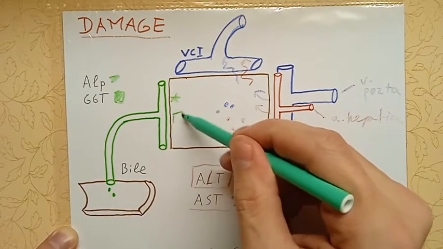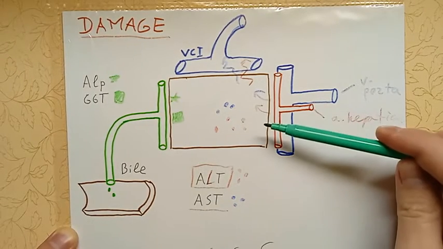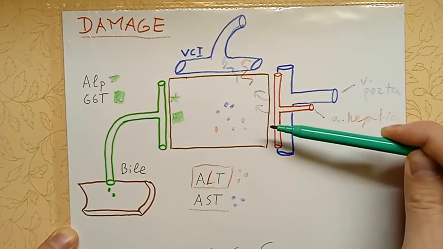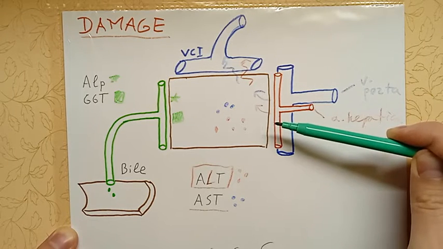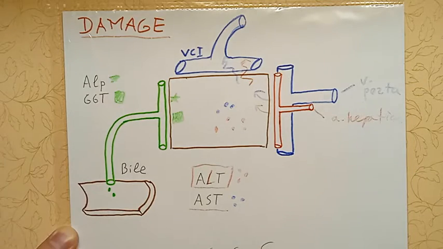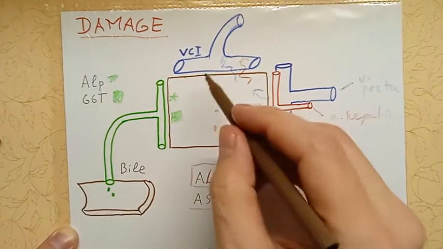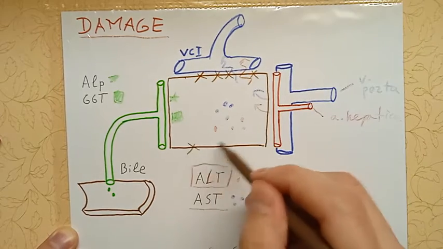So, if the cell is damaged by inflammation, autoimmune, viral, toxic inflammation, it gets damage. Damage means holes in the wall.